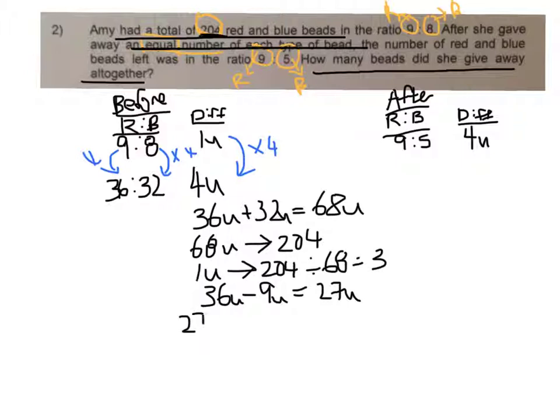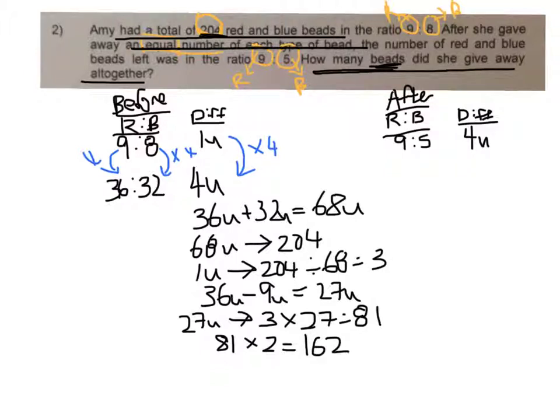So 27U, that will be 3 times 27, and that's 81. Remember the question asks how many beads. The beads stand for red and blue, so I'm going to use 81 times 2 because an equal number of beads of each type were actually given away. So answer will be 162. That's what I'm going to write.